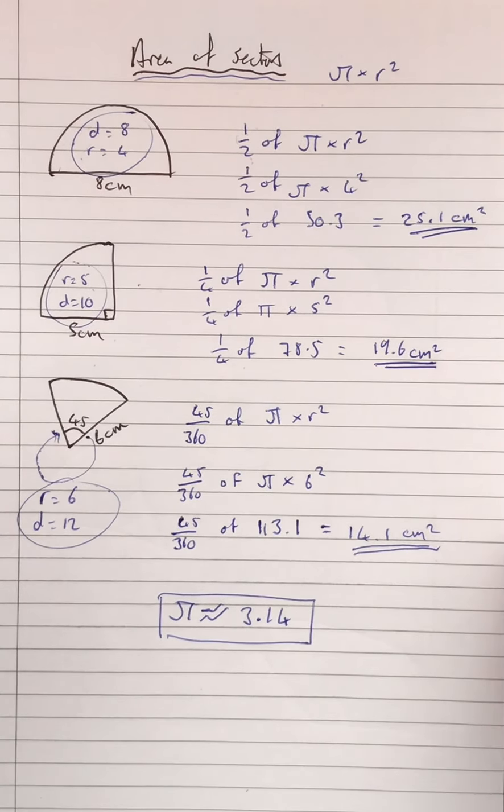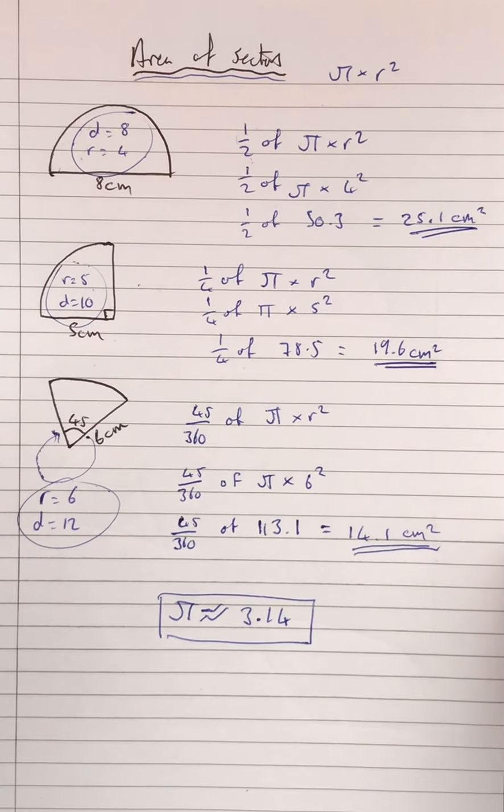We're going to work out 1 360th first, which is just 113.1 divided by 360, which gives us 0.31.